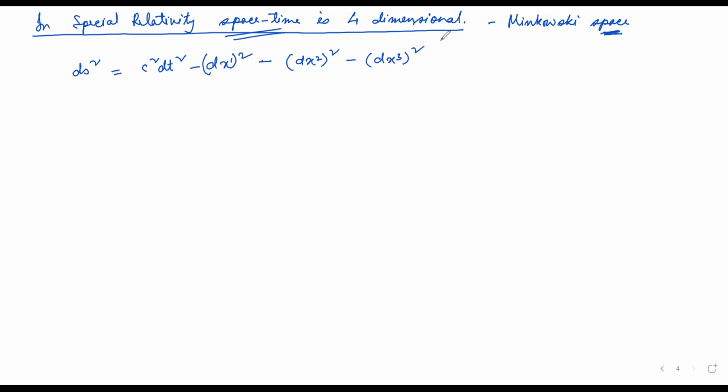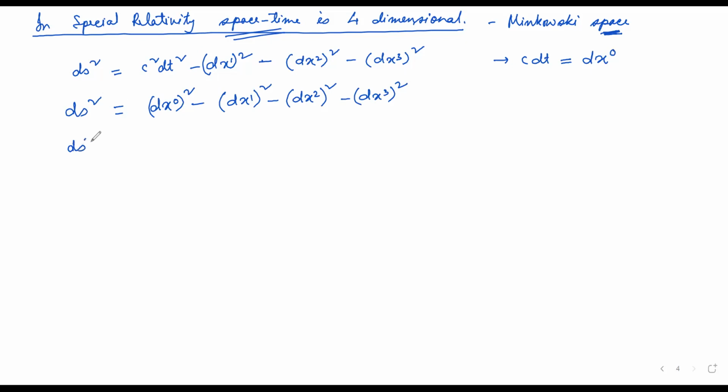Or you might have written it with c dt as dx0, so this is dx0 whole square minus dx1 whole square minus dx2 whole square minus dx3 whole square. This is ds square.